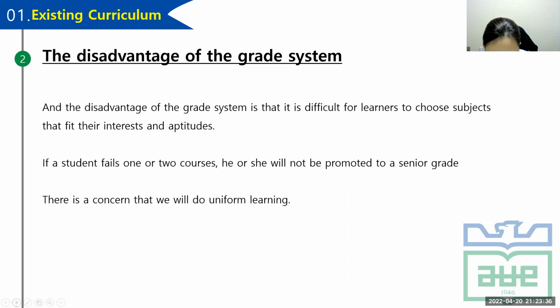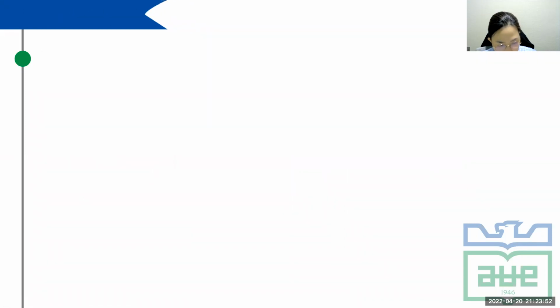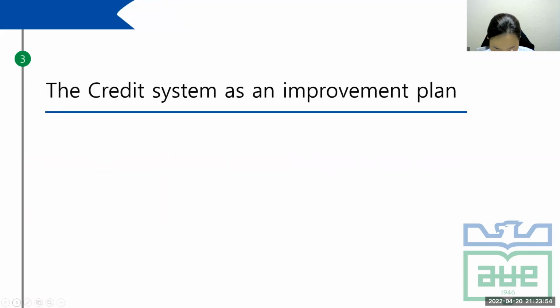If a student fails one or two courses, he or she will not be promoted to a senior grade. There is a concern that we will do uniform learning. So the credit system started to be presented as a new solution among many researchers.